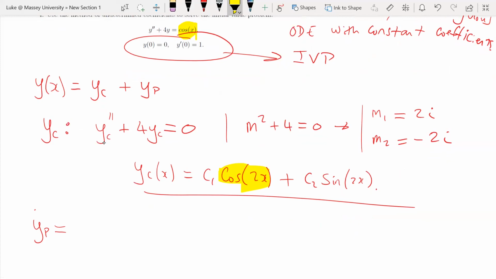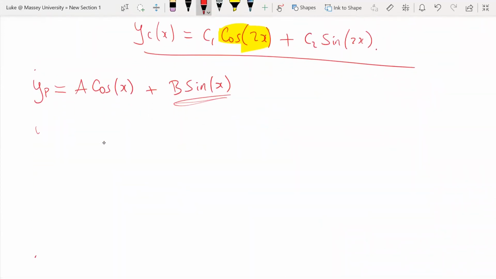They're not causing trouble here. So all we have to do is say my particular solution is going to be a times cosine of x plus b times sine of x. Remember, even though we've only got cosine in the non-homogeneous term, the right-hand side of the differential equation, we still have to include this sine bit here.